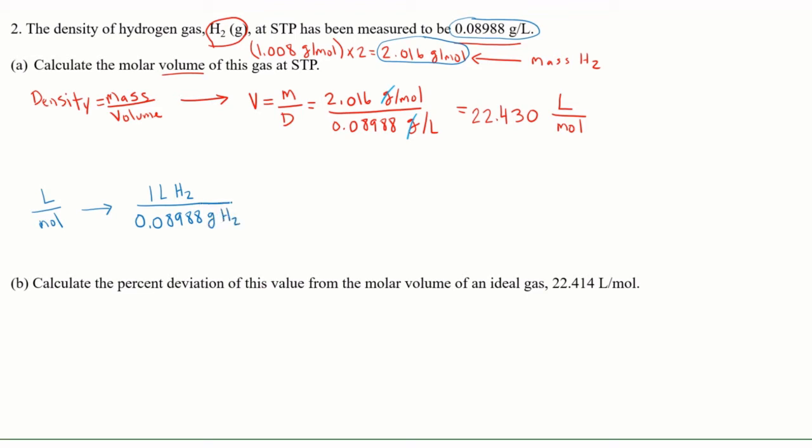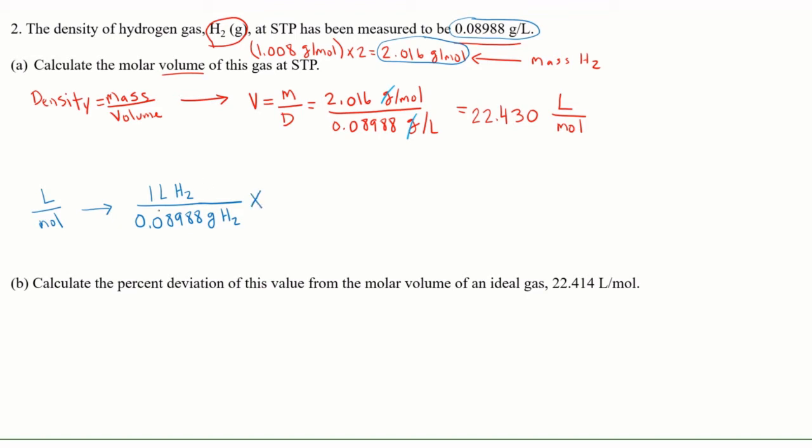So basically, I inversed the density. So instead of having grams over liters, now I have liters over grams. And the reason I inversed it is because molar volume really has liters in the numerator. So I'm trying to maintain that, by keeping liters in the numerator. I'm going to multiply this.